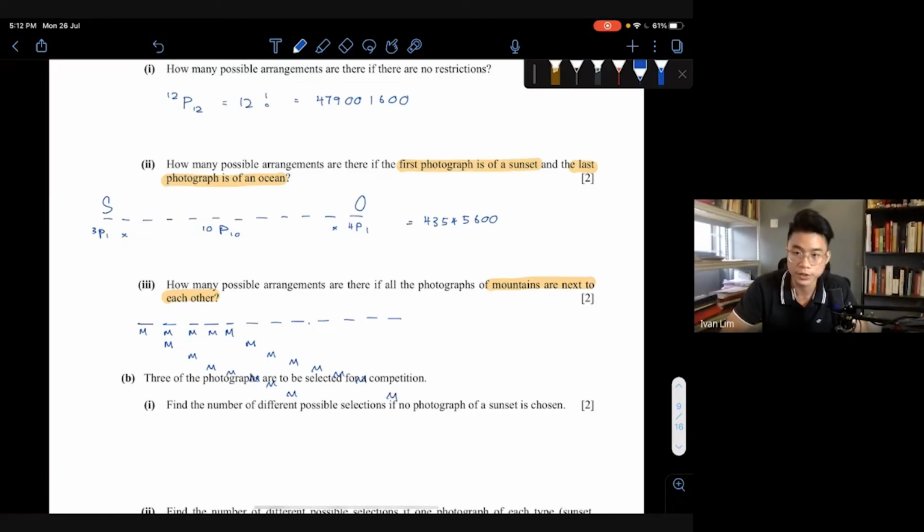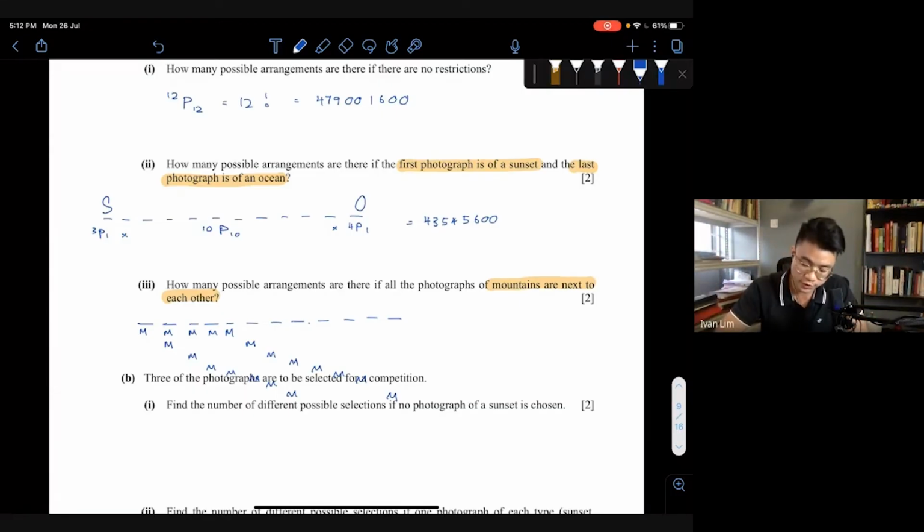So how many possible ways to do it with this same arrangement? 8 ways, right? Can you all see? 1, 2, 3, 4, 5, 6, 7, 8. So there are 8 different positions. Understand how to do this? There are eight different positions that I can shift my mountain block to.